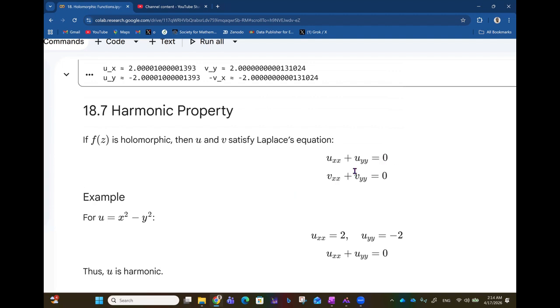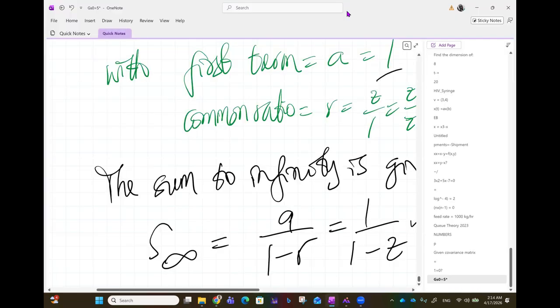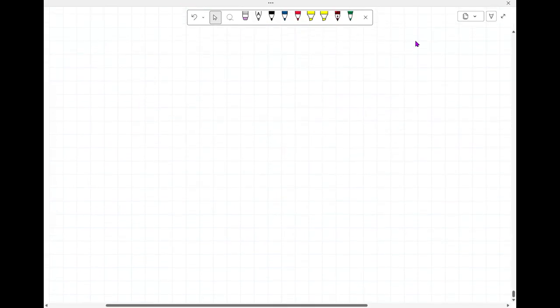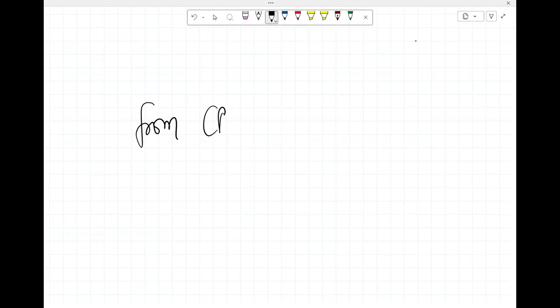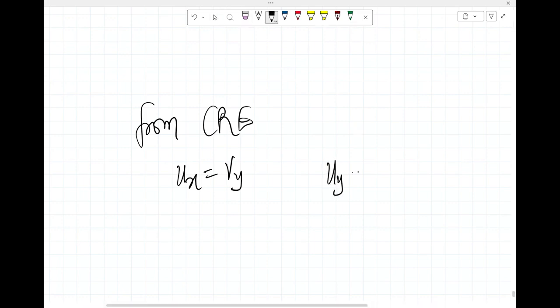And how do we actually pull this off? For the harmonic property, how do we derive the harmonic functions? I want to try to do that. From the Cauchy-Riemann equations, we know that ux is equal to vy, and of course, uy is equal to minus vx.